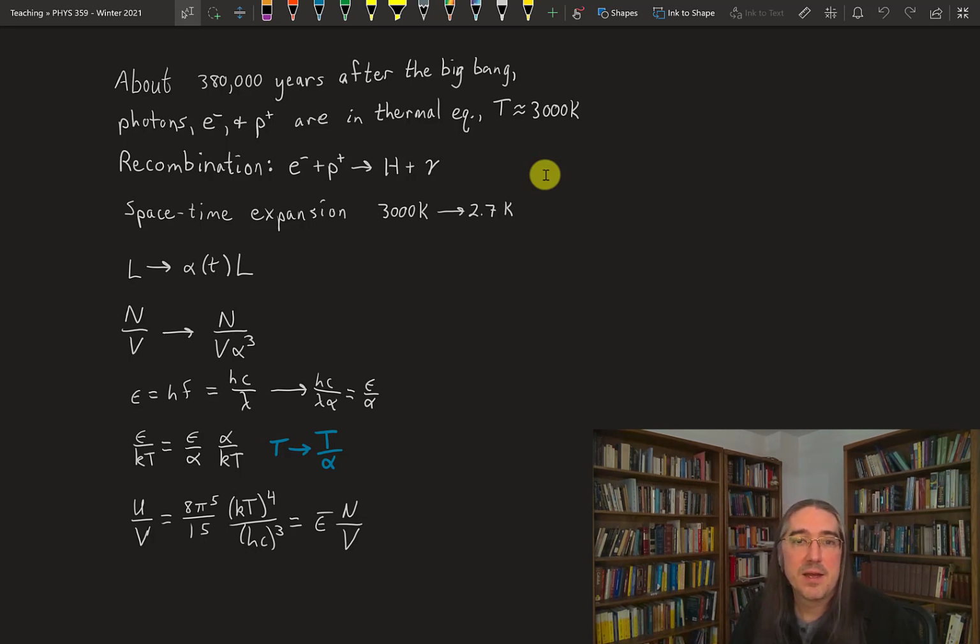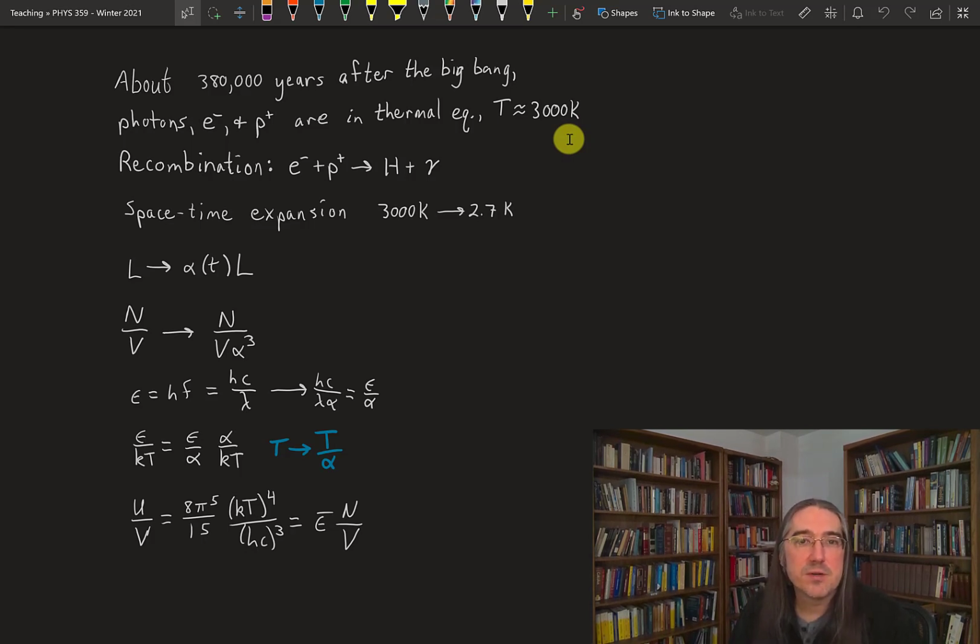At 3,000 Kelvin, so we saw that the peak of the spectrum at 300 Kelvin was deep in the infrared, 17 microns. So at 3,000 Kelvin, it's going to be 1.7 microns. That's sort of nearer infrared, but still below the visible.